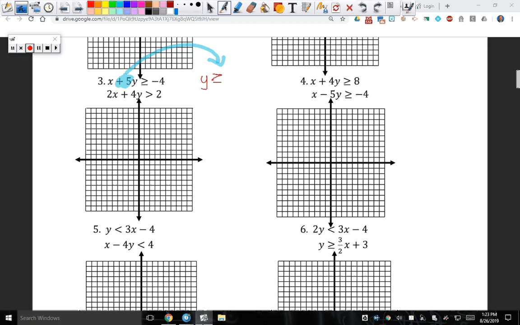So now I will subtract the x over. I hope you write that as negative x minus 4 and not negative 4 minus x, because we're trying to instill with speed what our slope and y-intercept are. Okay? And then at the end, what would we do? Obviously, divide by 5.